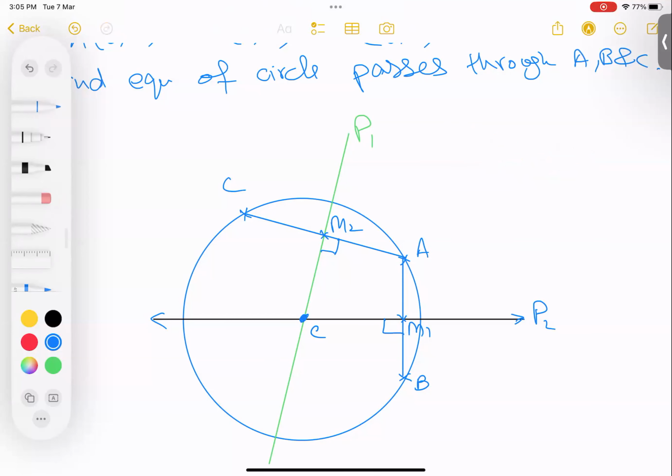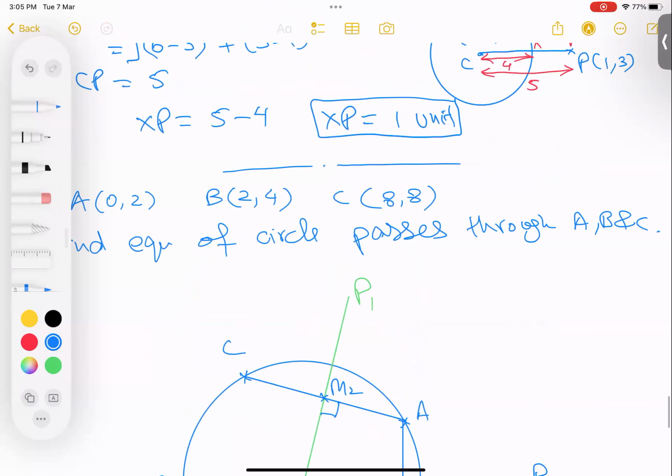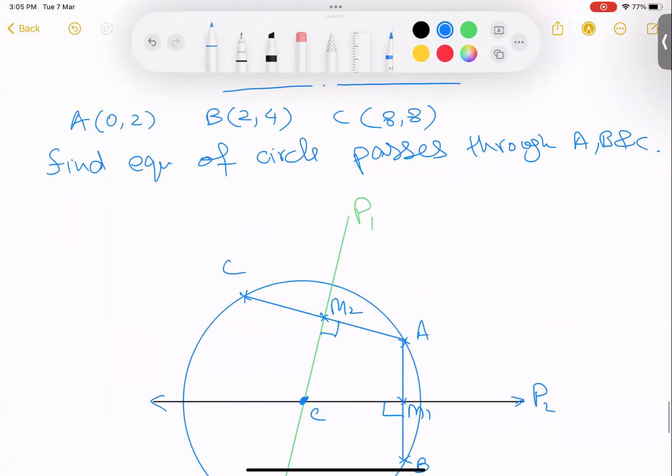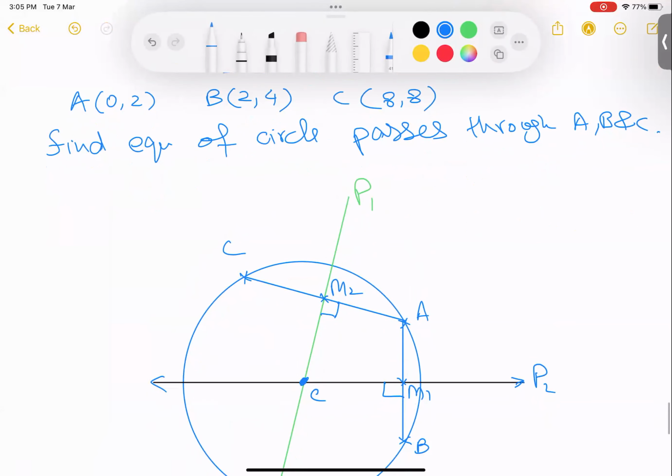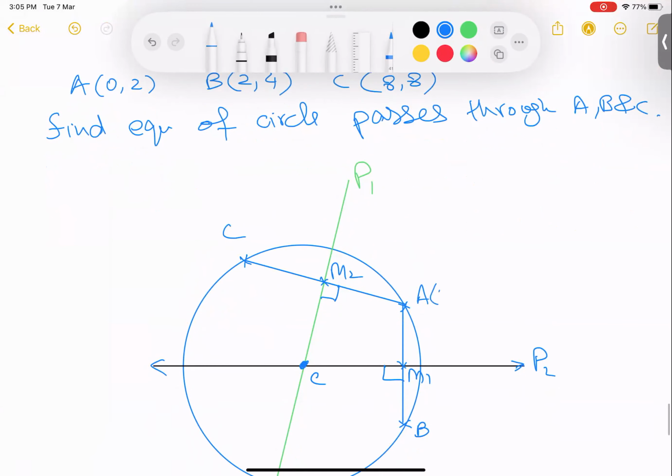This question is really very lengthy, and whenever this kind of question comes in an exam, it is a minimum 10 to 11 mark question. So let's start. A is (0, 2), B is (2, 4). Let me finish it, then I will explain this concept again.